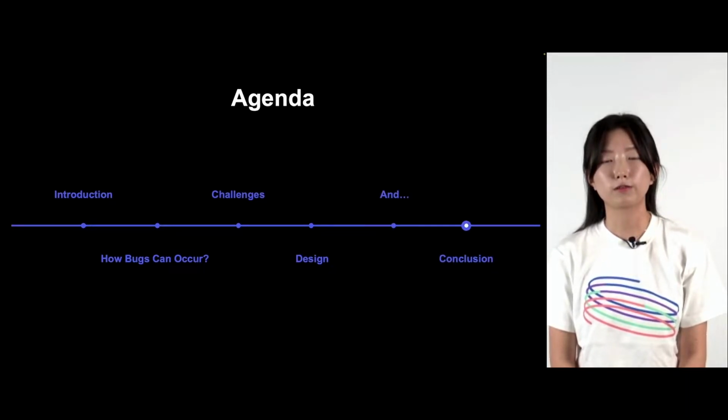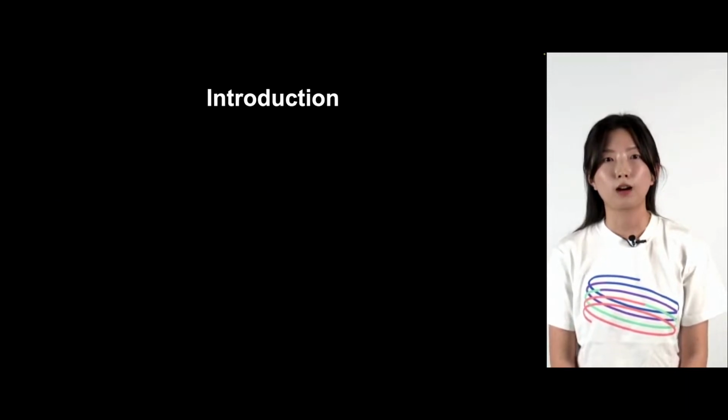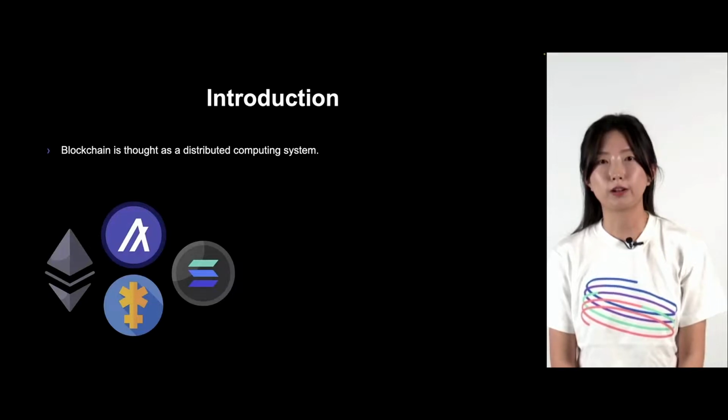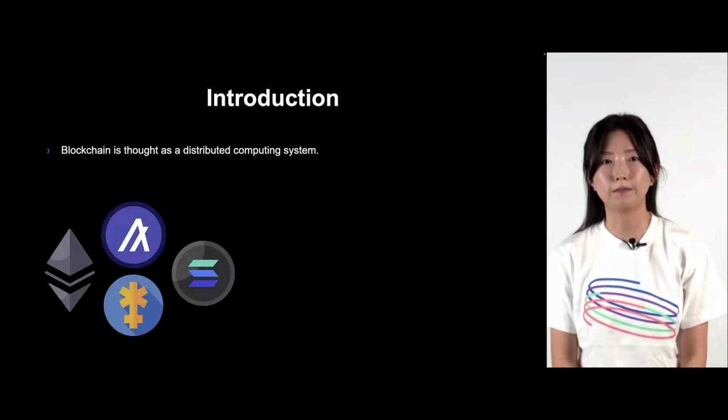So, just to give you a brief background, blockchain is a type of distributed computing system. Blockchain is very popular, and there are many different types of blockchain. For instance, there's Ethereum, Solana, Algorand, and Juno. And then there is the smart contract.